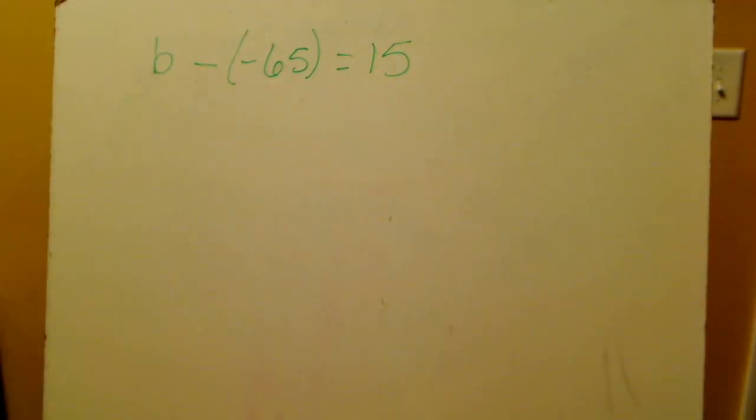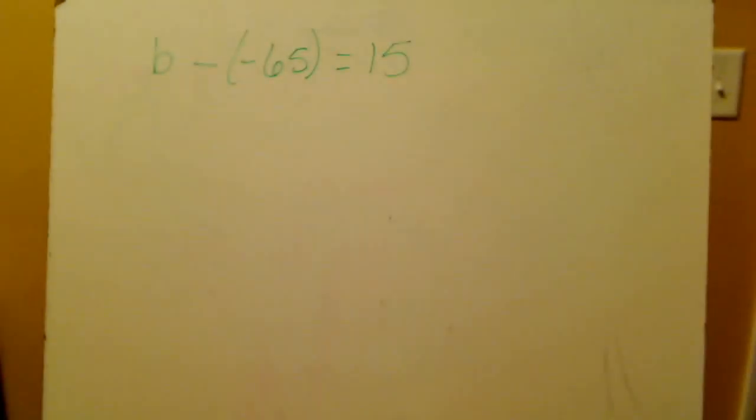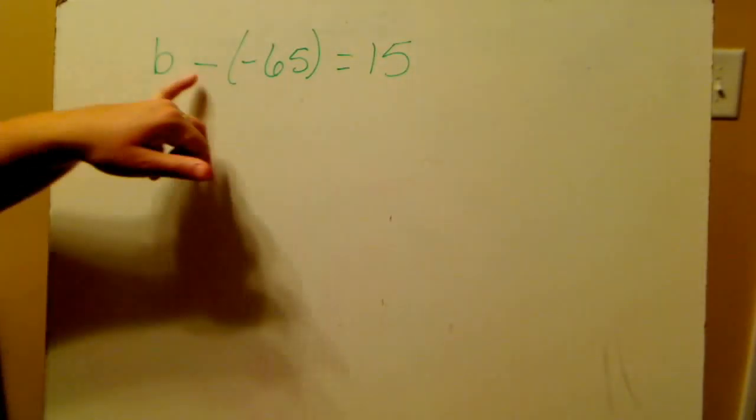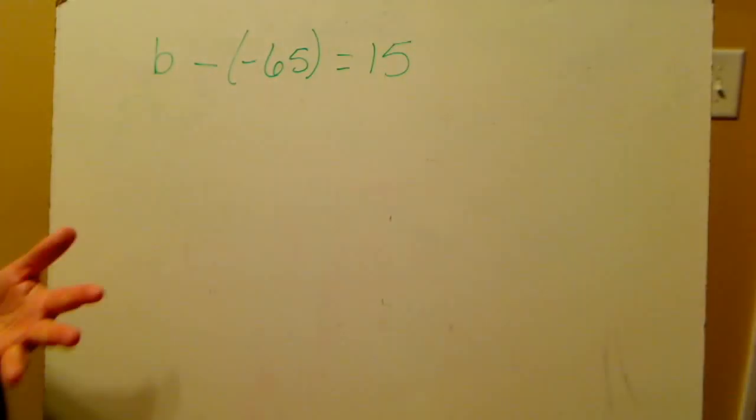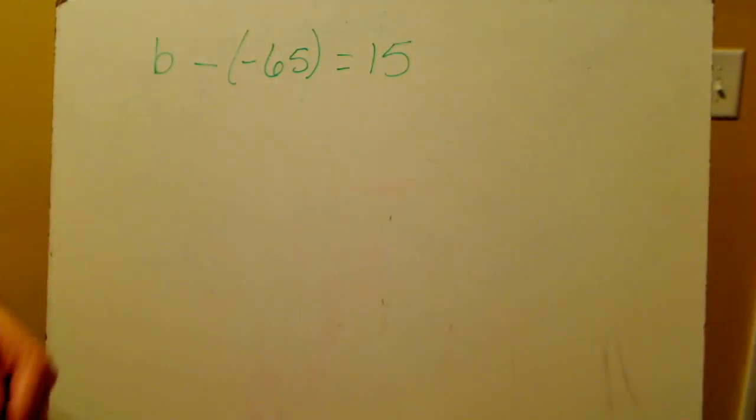In algebra, we throw in parentheses to close in negative numbers to show that it's separate from any minus signs or subtraction signs that may be thrown into the problem. But treat this just the way you would any other problem. Whenever we have two negatives next to each other, they essentially cancel each other out.